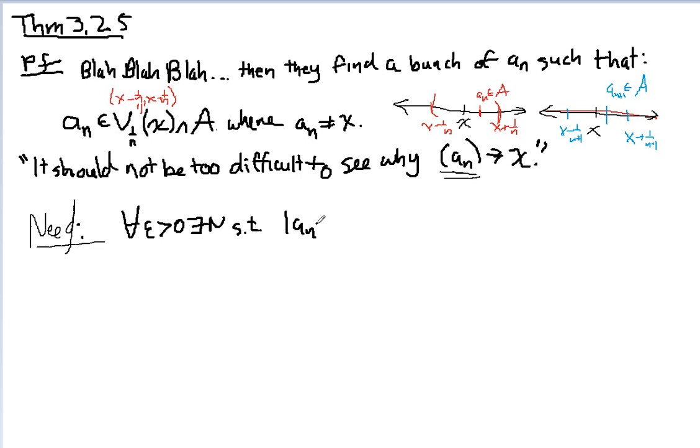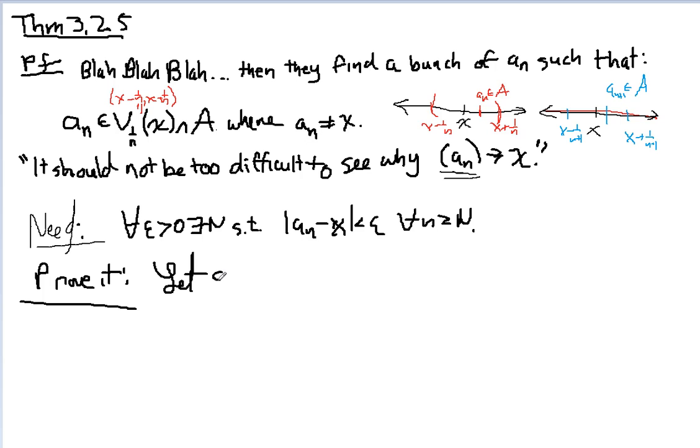The absolute value of a sub n minus x is less than epsilon for all n bigger than or equal to capital N. Okay, I'm going to show you how this up here gives us this. So the way I'm going to do that is I'm going to prove it right here. And the way we start almost every proof is we fix an epsilon. Let epsilon be bigger than 0.